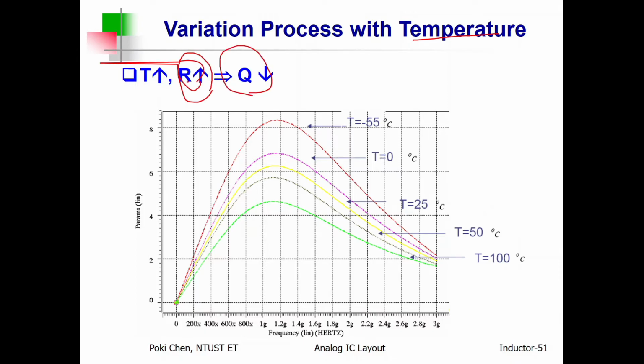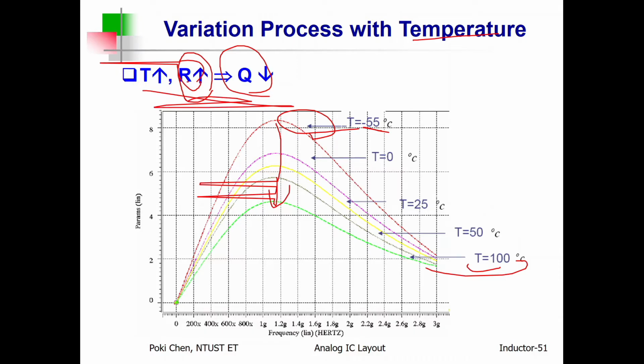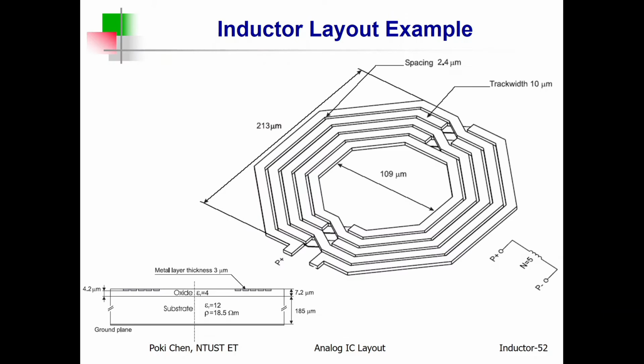And it means the Q factor will also be reduced. So again, with higher temperature here, from the lowest to the highest, you can see the Q factor is reduced all the way. So hopefully I convinced you: the higher the temperature, the lower the Q value. That's it. Okay.